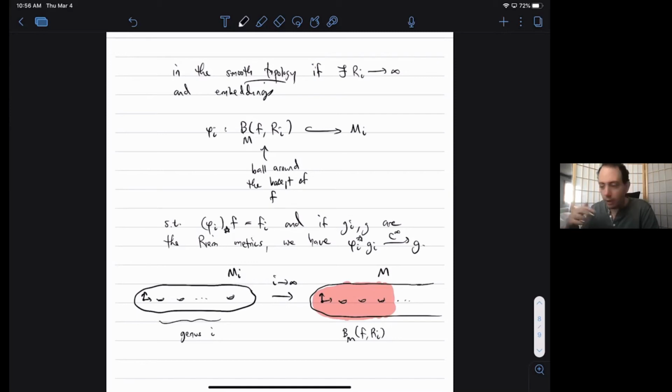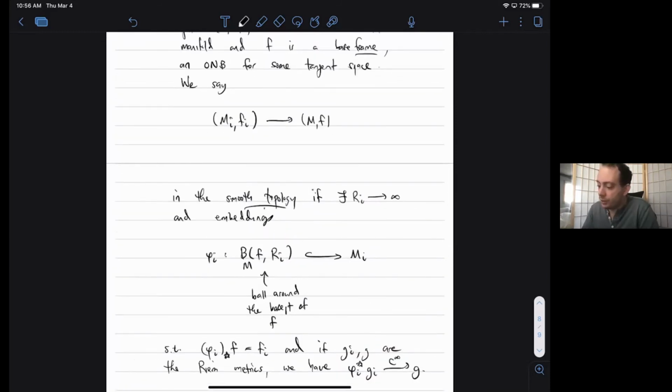Well, I guess we'll talk about this later, but you can make a space of framed Riemannian manifolds, and this is the convergence on that space. I'm giving you what it means for a sequence of framed Riemannian manifolds to converge to a limit framed Riemannian manifold, and so this is the notion of convergence on that space.